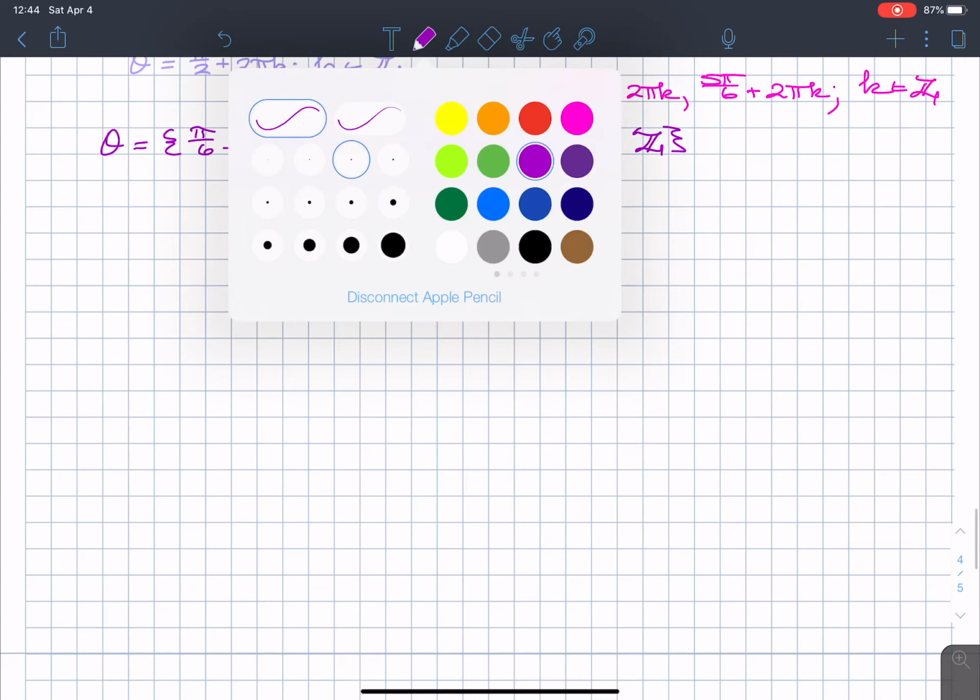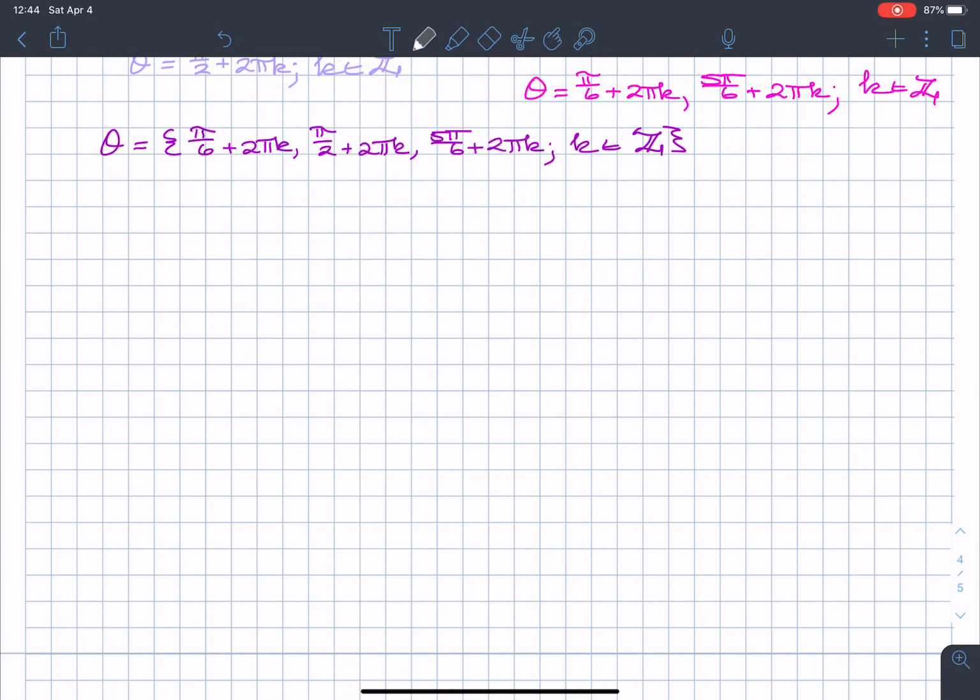Okay, we've got one more problem, which of course is going to go off this page, but that's okay. So number 3, let's solve 1 minus 3 sine of 2 theta plus cosine squared of 2 theta is equal to 0.